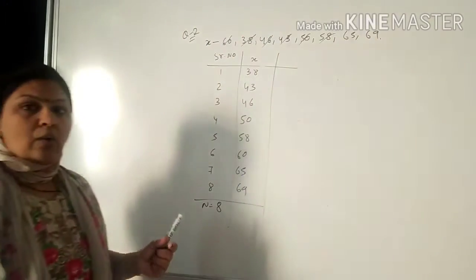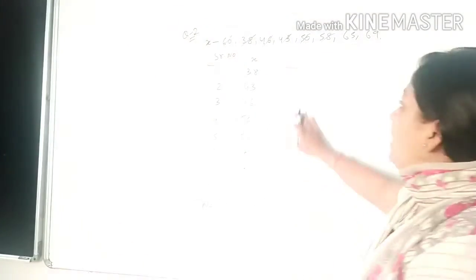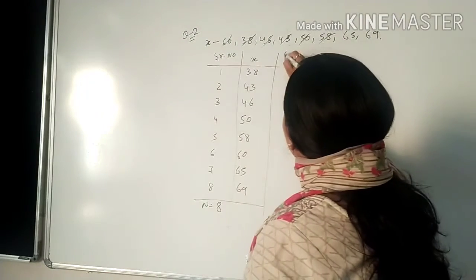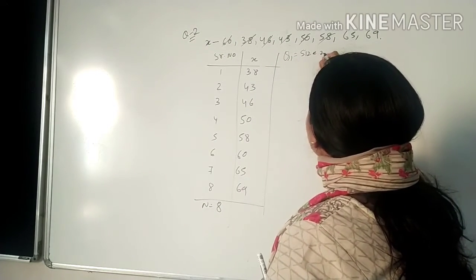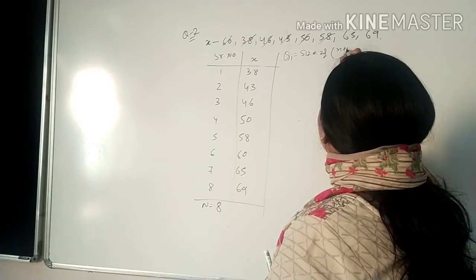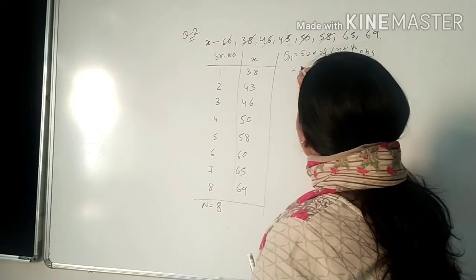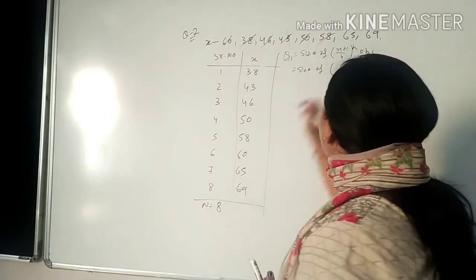Clear? Now what we have to do? We have to find Q1 and Q3 as usual. What is the formula of Q1? Q1 equals the size of (n plus 1) by 4th observation. What is n? 8.